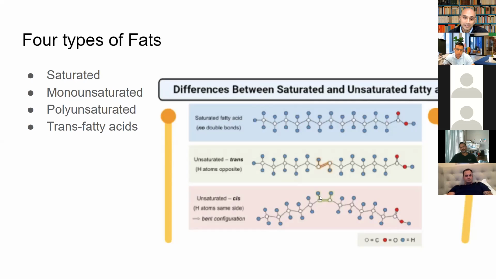Initially, and I'm sure some of you have used margarine in the past, it was posed as a super healthy alternative because it's way cheaper and it's great, but it actually turned out to be far worse than saturated fats in terms of heart health. So definitely avoid trans fatty acids, which unfortunately are abundant in most processed foods.